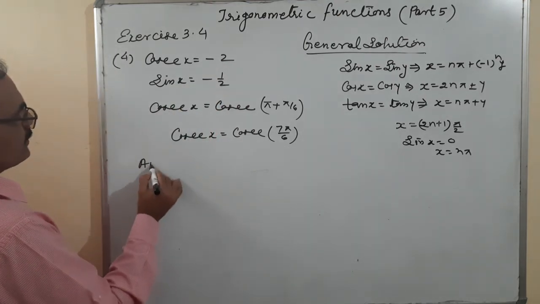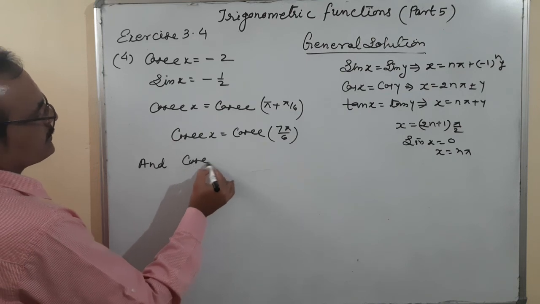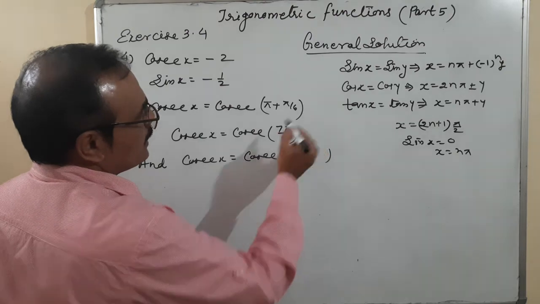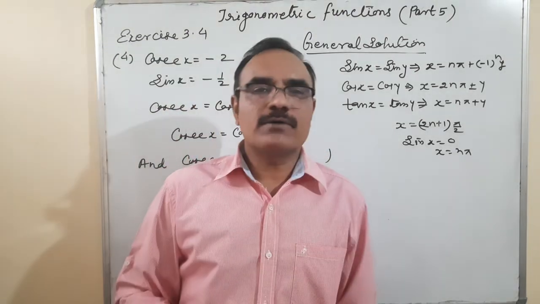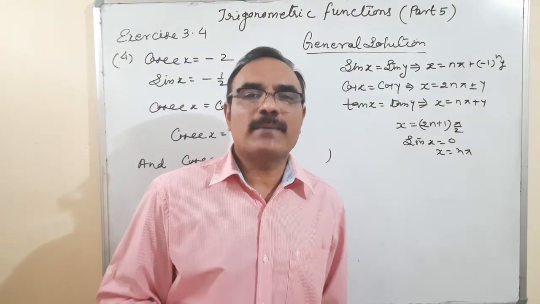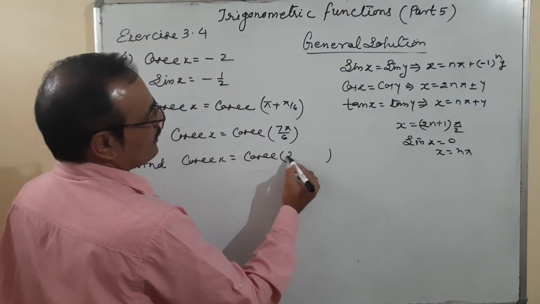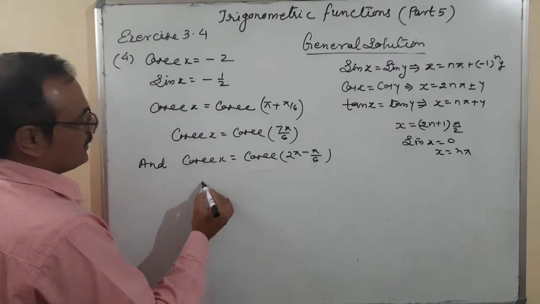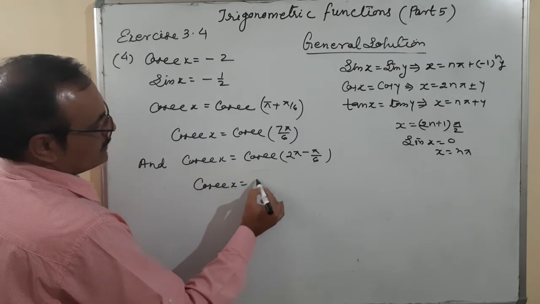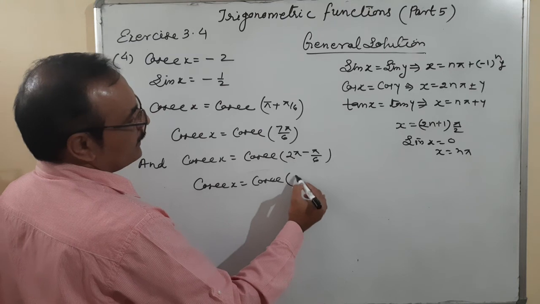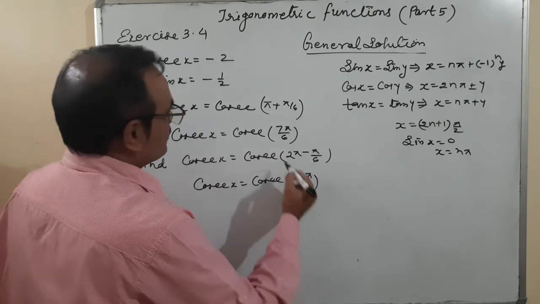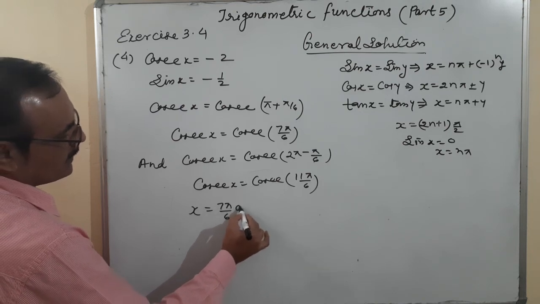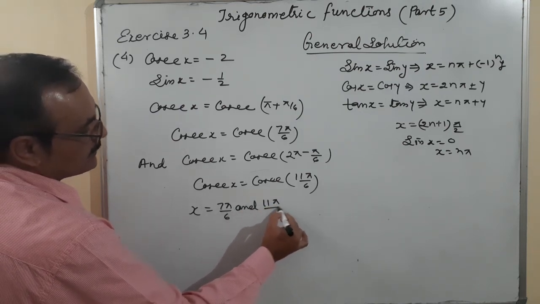And for the fourth quadrant, that means 2 pi minus pi by 6, so 12 minus 1, 11 pi by 6. Cosec x is equal to cosec 11 pi by 6. So there are two principal values, x is equal to 7 pi by 6 and 11 pi by 6.